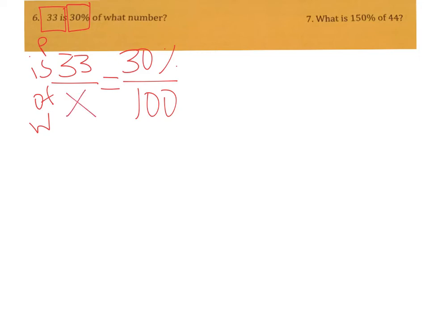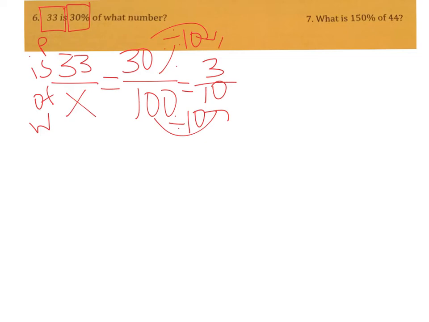Alright, so we can't go from 30 to 33, so we need to add another fraction, and we're going to go ahead and simplify or scale down. So let's divide by 10. So 30 divided by 10 is 3, and 100 divided by 10 is 10.